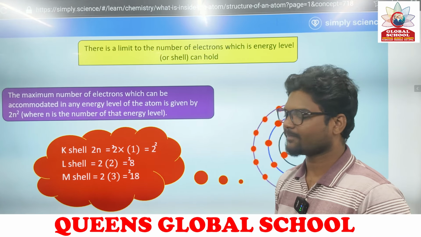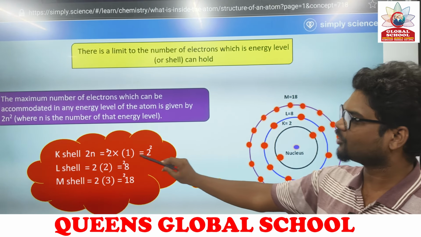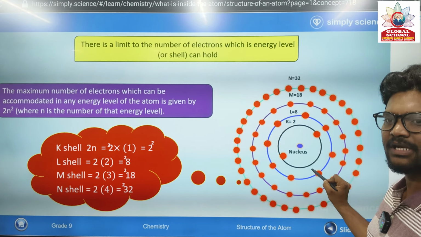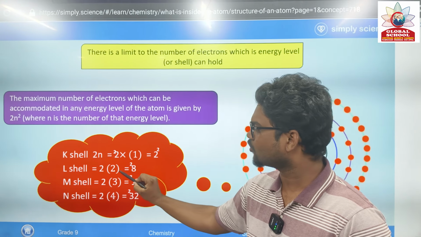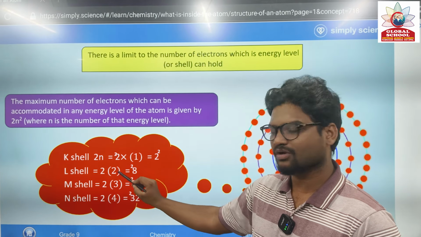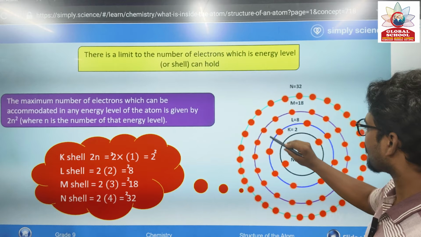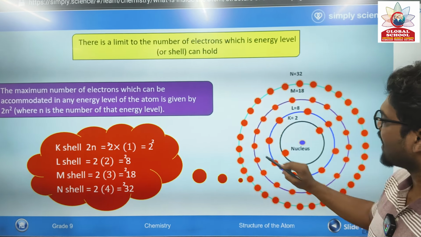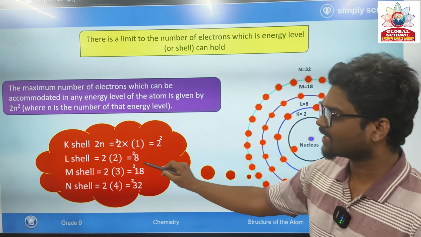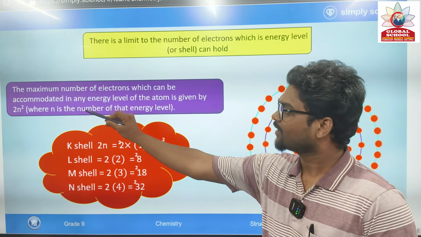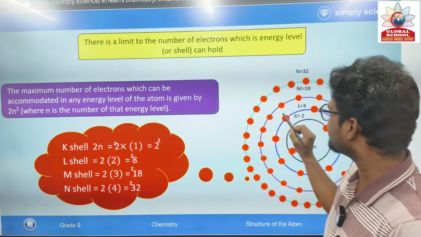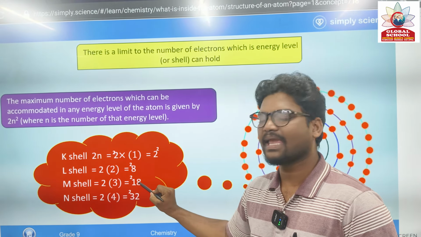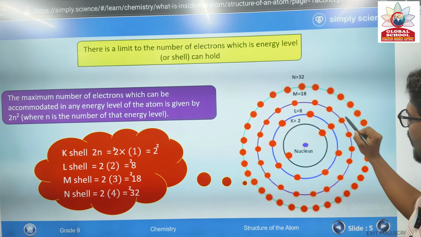In the L orbit, the second orbit, n is 2: 2 into 2 square, that is 4 into 2, so 8 electrons can be accommodated.